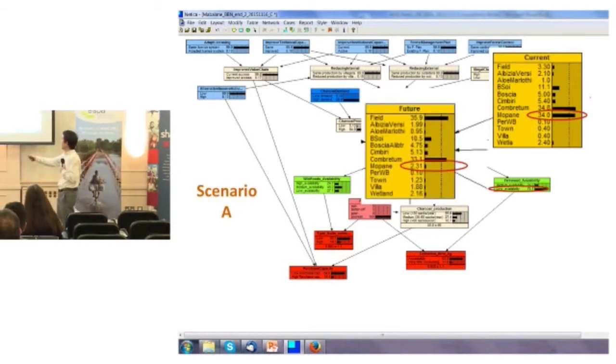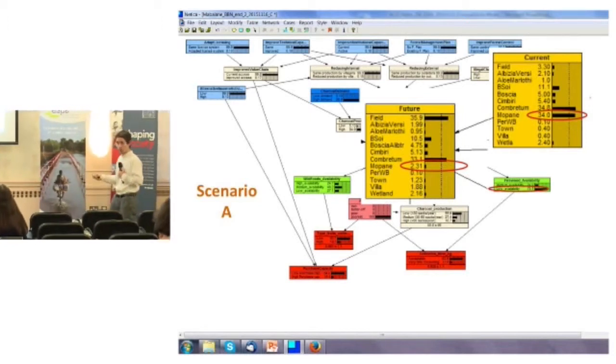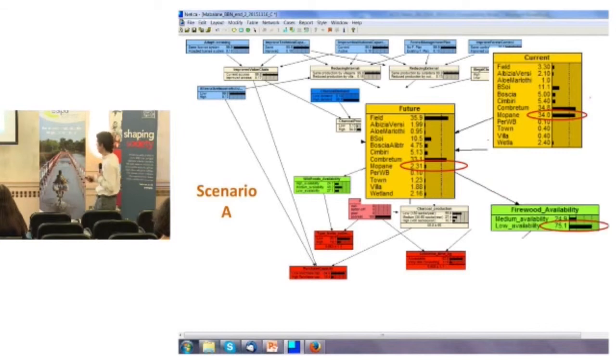Under scenario A, that I explained before, we have translated it to the BBN as if there is a high urban demand of charcoal, and if none of the proposed interventions is done, then the Mopane woodland would decrease to 2% of the area. So almost all Mopane woodland would disappear, or would be degraded.